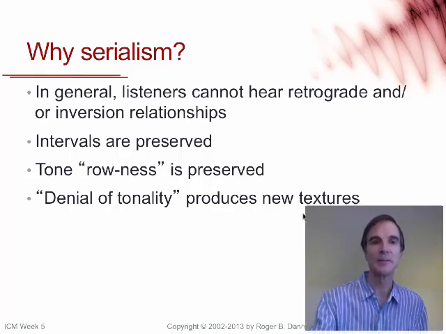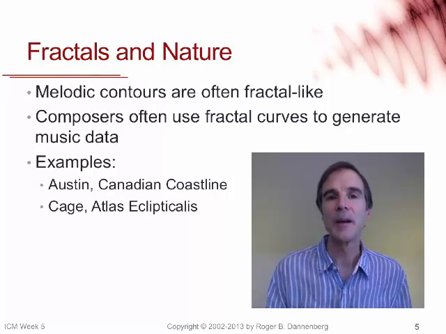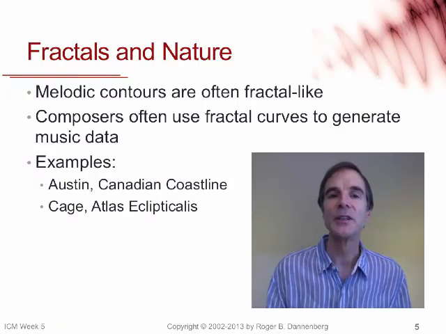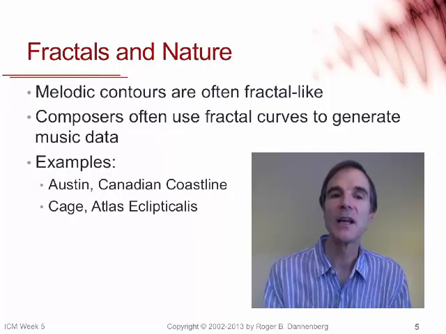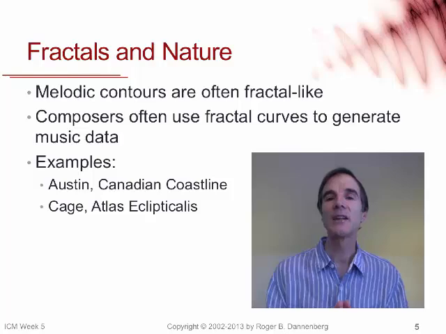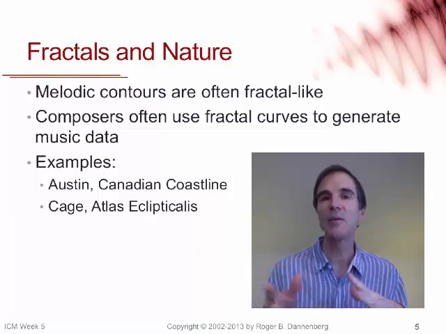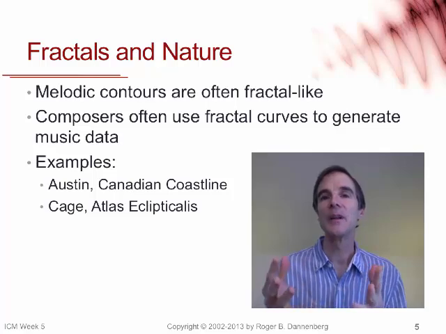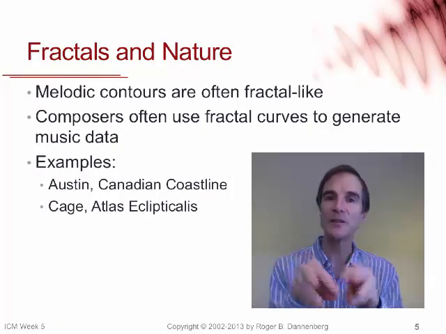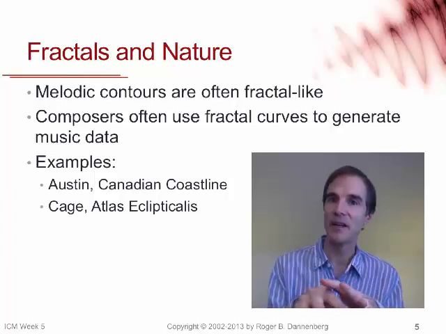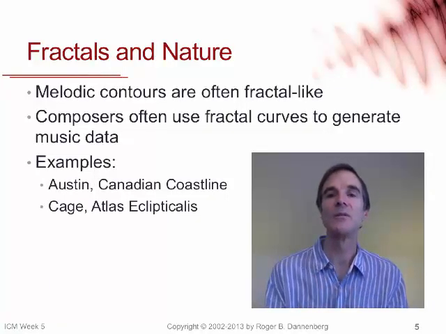Let's go on to another topic, which is fractals in nature. So melodic contours actually are often fractal-like. So what's a fractal? A fractal is a complex shape or curve in which the macro character of the curve is repeated at different scales within the overall form.